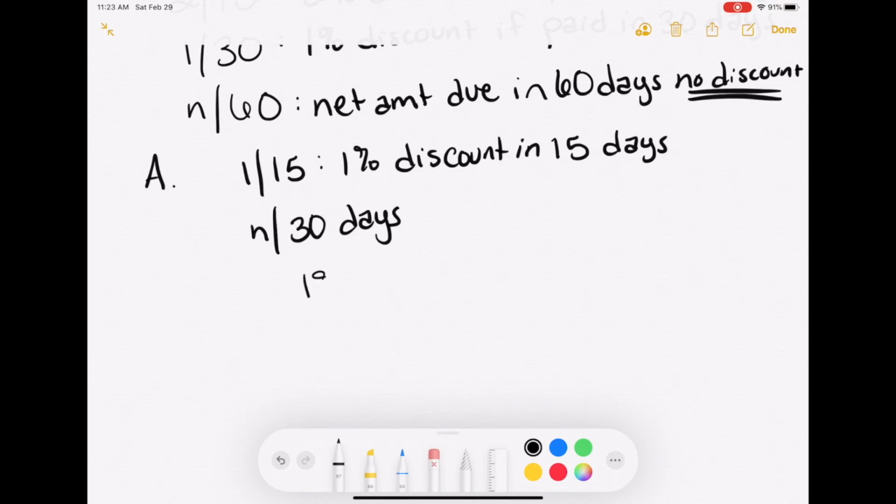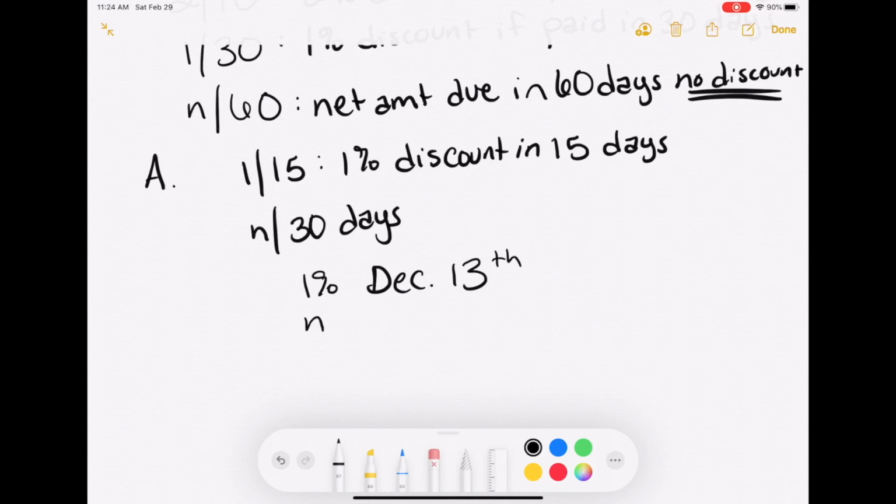For the 1% discount, 15 days away from November 28th, if I look at the calendar here, you do not count November 28th. November 28th is considered the first day and kind of your freebie day. So don't count November 28th. Start counting on November 29th. From there, 15 days would be December 13th.